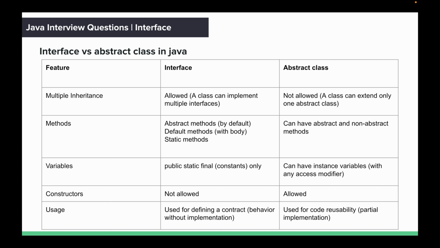As we have already seen, abstract classes can contain abstract methods as well as non-abstract methods. So it is a kind of partial implementation, and the main purpose of writing abstract classes is code reusability. This is the basic difference between interfaces and abstract classes.